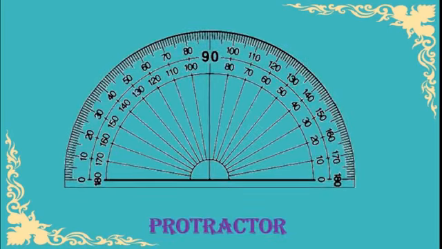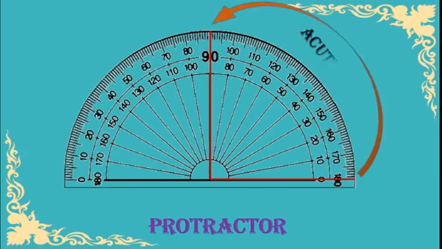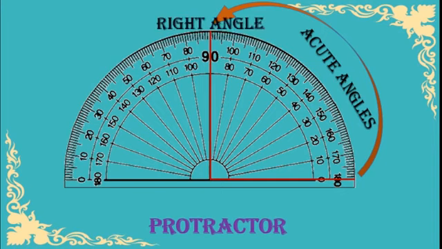Now, see dear students, this is called a protractor. This is a tool that helps us to measure angles. The angle between 0 degree and 90 degree is called an acute angle. The angle equal to 90 degree is like an L shape, and that is called a right angle.